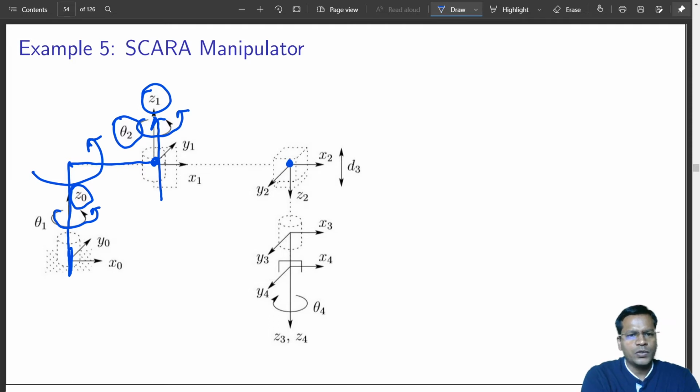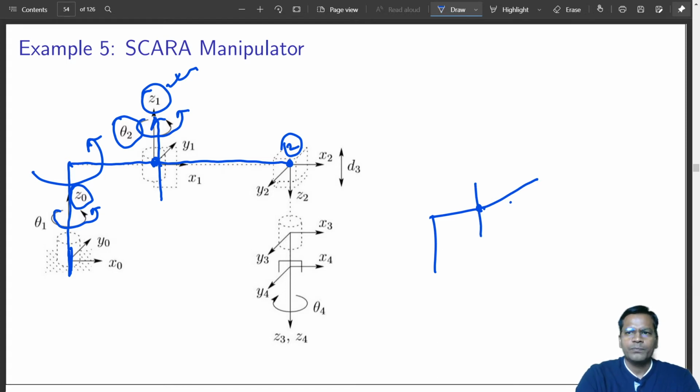Now this is your next link, which can be rotated in a circle about z1. So this second point can now rotate in a circle about axis z1, taking this as center. You have a first link like this, and a second link like this, that can further rotate about this axis.